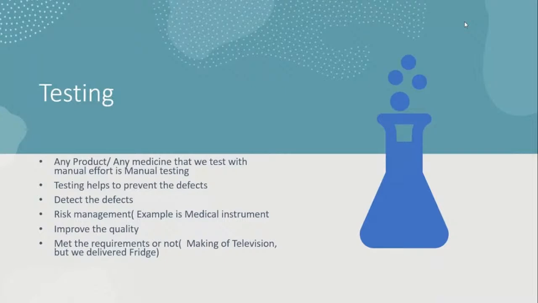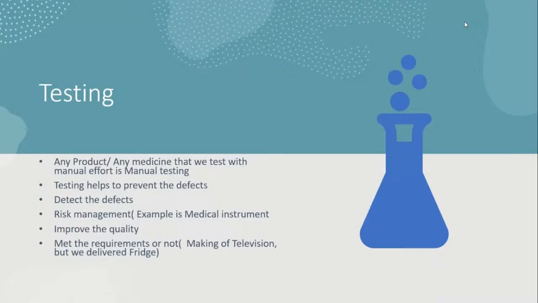Suppose, what happens if I don't do testing? I have developed an ECG machine or an X-ray machine. I did not test it, I directly put it in the lab. What happens? It might have a short circuit, it might not work properly, or it might cause the death of a patient, without proper testing.